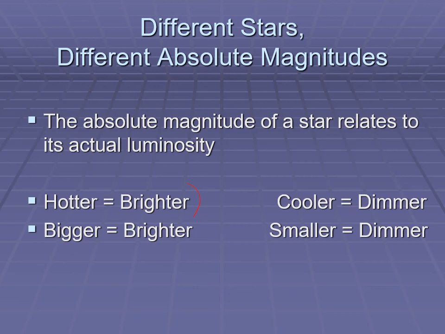If they're bigger, the bigger area means brighter. Stefan-Boltzmann Law. Okay, and so if they're cooler, they're going to be dimmer. If they're smaller, they're going to be dimmer. So now we can start working backwards and figure out from peak wavelength what color is most intense. That would tell you the temperature, okay? And then we can figure out the size using the brightness.